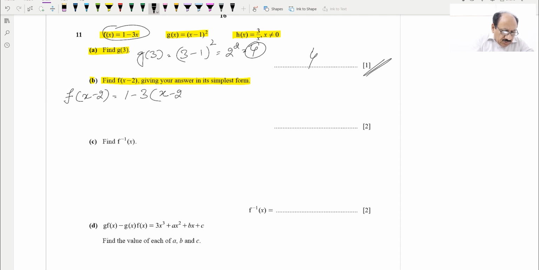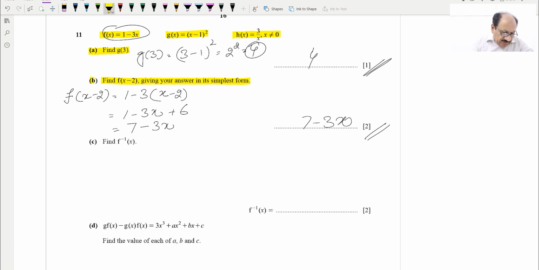Now we can open the bracket: it will be 1 minus 3x, and minus 3 into minus 2 will be plus 6. Further we can simplify by adding the like terms, so it will be 7 minus 3x, and 7 minus 3x will be the answer for this 2 mark question.